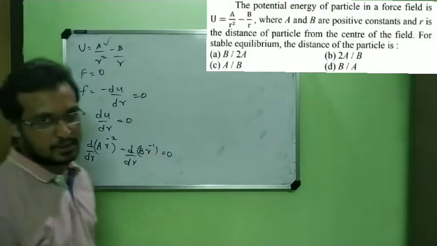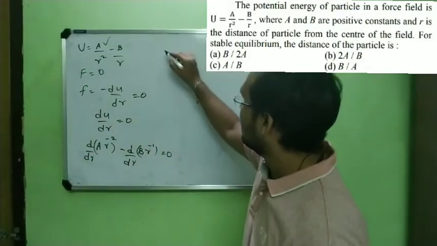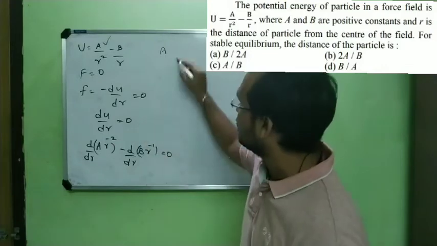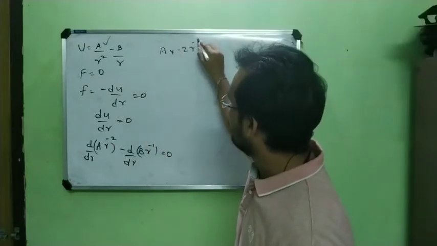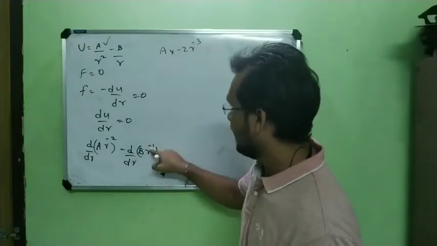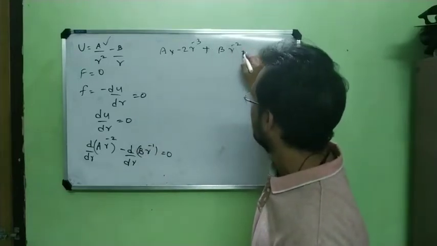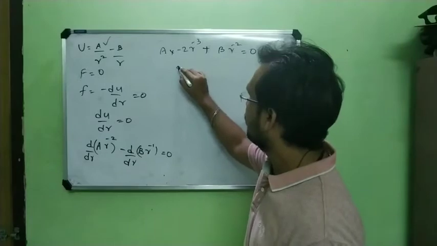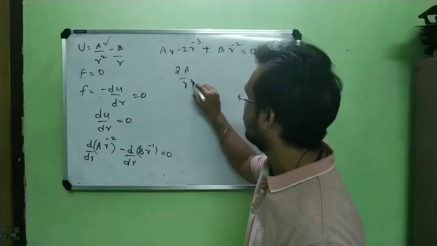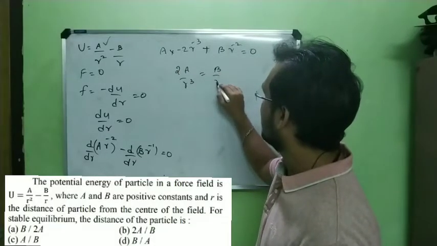This is the concept. A is constant, r raised to minus 2 gives minus 2 into r raised to minus 3, and minus 1 into minus will be plus, B into r raised to minus 2, equal to 0. Or you will get 2A by r cube equal to B by r square.